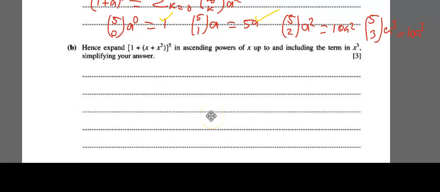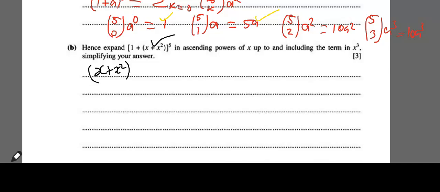We go back to the first one that we did in A. So here we are simply replacing with x plus x squared as given here.